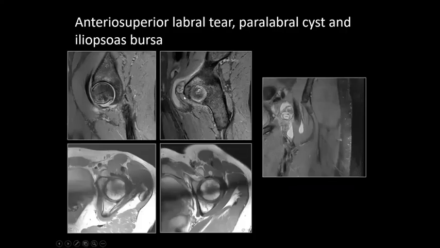And also, it's quite important that we differentiate paralabral cyst from iliopsoas bursa. So, for example, here we have a patient who has both. Has a paralabral cyst, which is here, the blue colored cyst, but this patient also has an iliopsoas bursa on top of the paralabral cyst. So we need to make a distinction between the paralabral cyst and also the iliopsoas bursa.